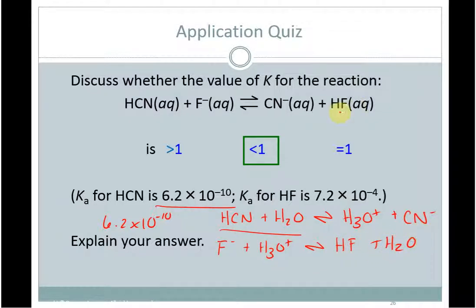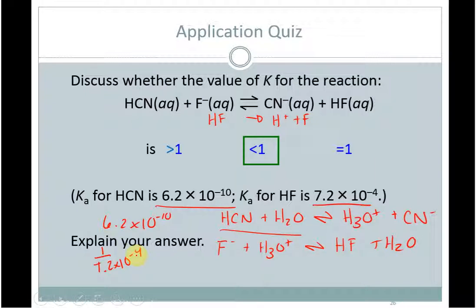And we know this because HF dissociates to give F minus by donating a proton, and it's just the opposite here. So originally, if we were talking about it in the forward direction where HF dissociates to give H plus and F minus, it would be 7.2 times 10 to the minus 4. By reversing this, we now have 1 over K, or 1 over 7.2 times 10 to the minus 4.